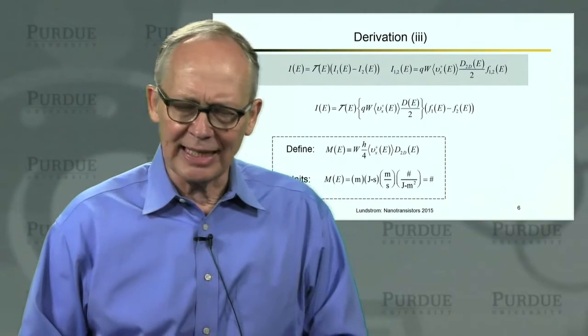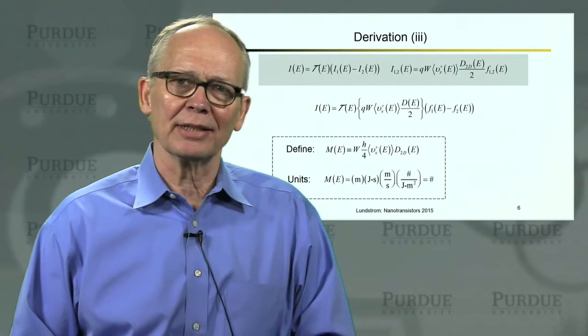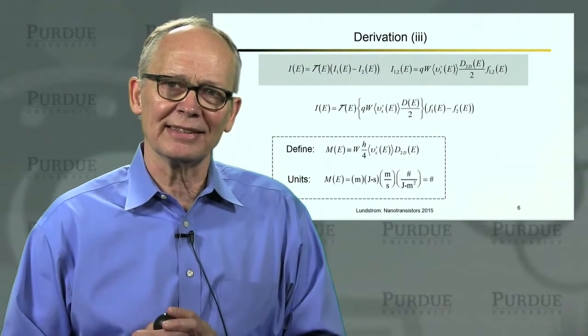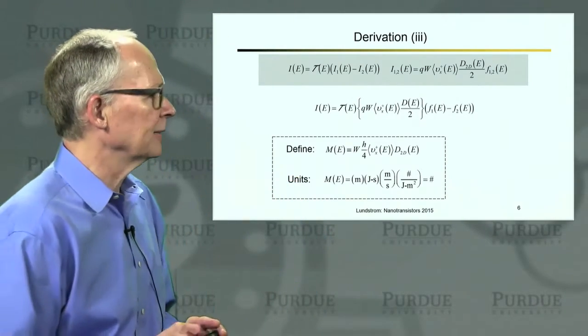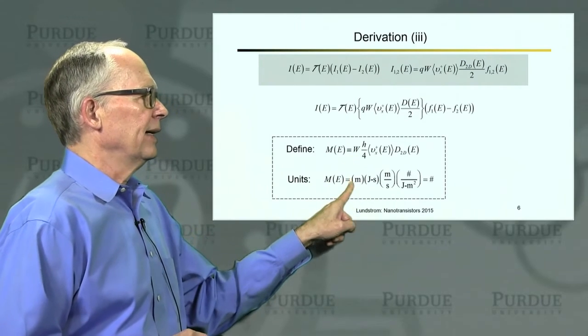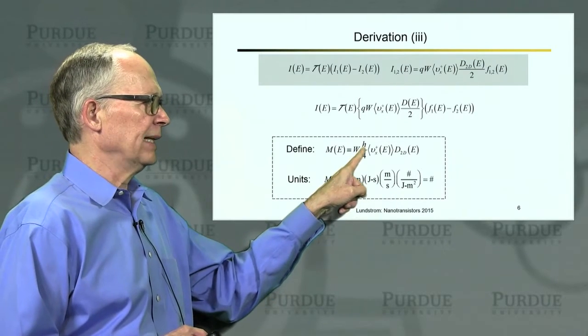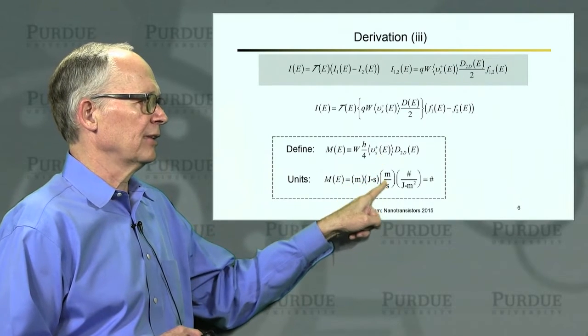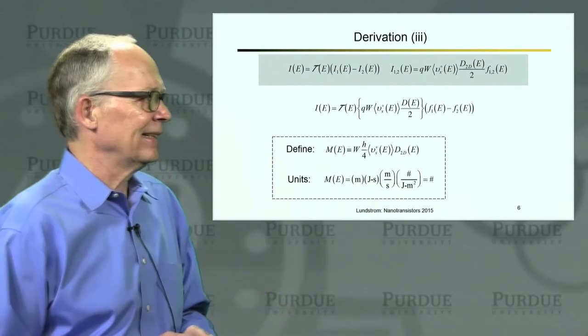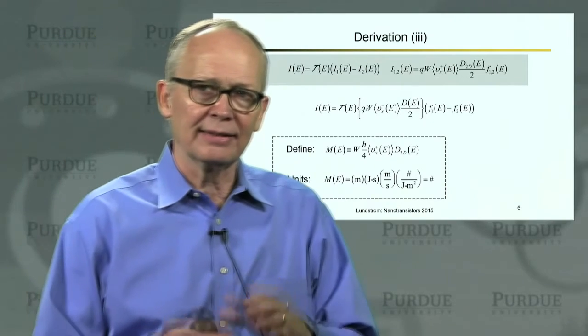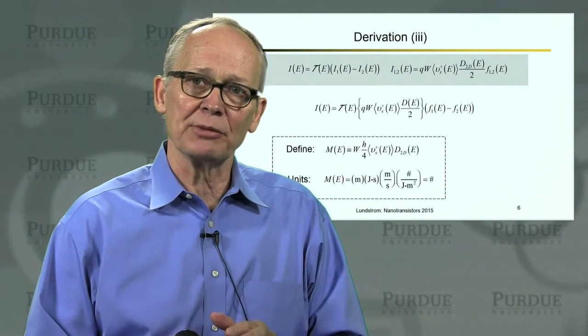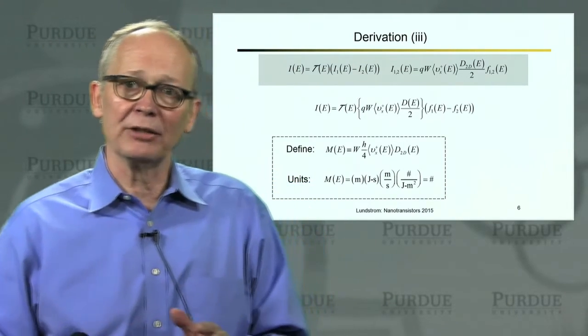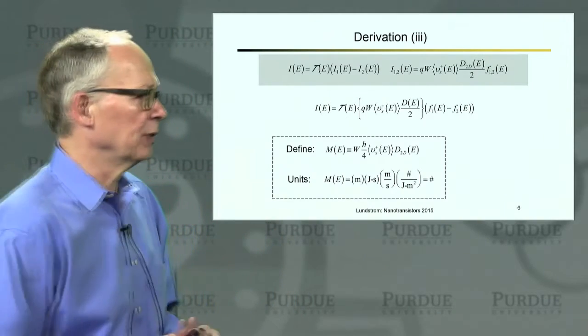Now, if you look at that, let's look at the units of this quantity. What are the units of this thing M that I've just defined? Well, width has units of meters. Planck's constant has units of joule seconds. Velocity has units of meter per second. Density of states in 2D is the number of states per unit energy range, joule per square meter, because we're talking about density per square meter.